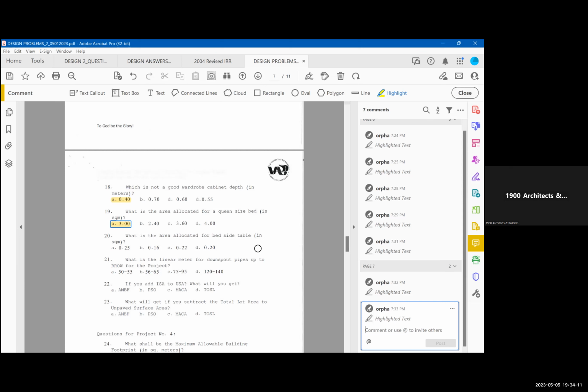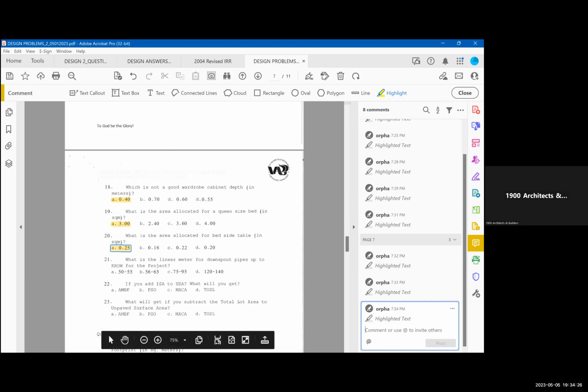Usually square naman yan. So, 500 by 500 is letter A. Okay.